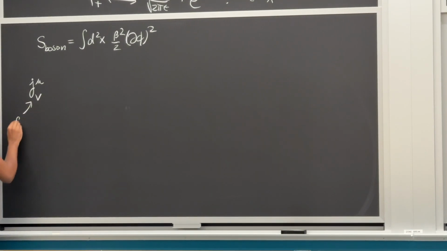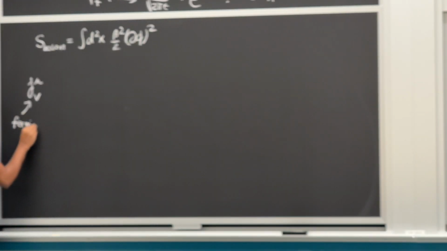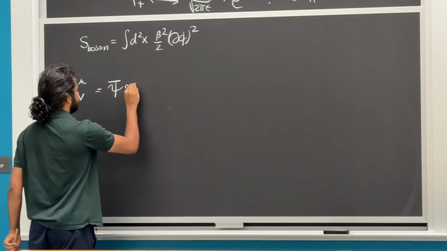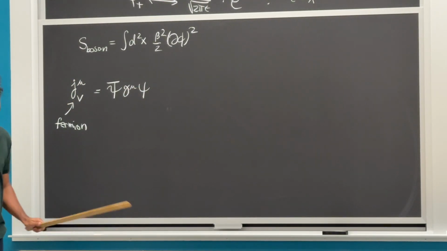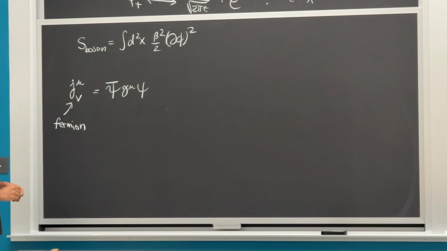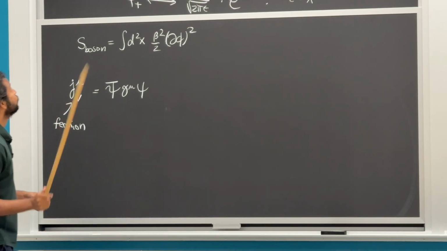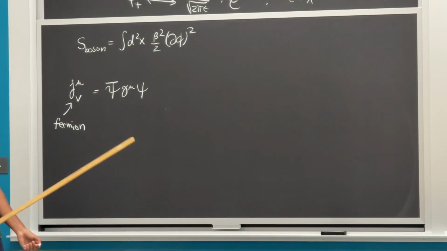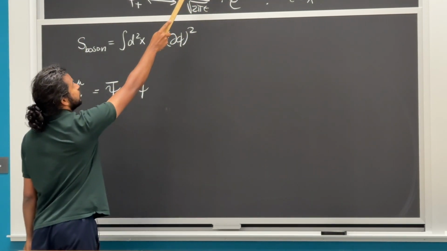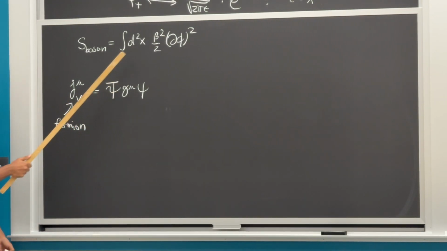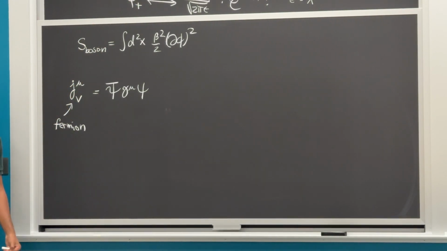So this is for the fermion. And that was psi bar gamma mu psi. We did this maybe in the first lecture. And we are going to try to bosonize this model. So the interaction we are interested in is the current-current interaction. So we will find what this current is under the bosonization map.